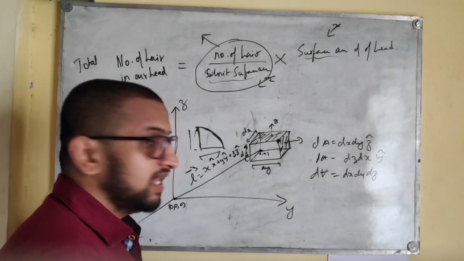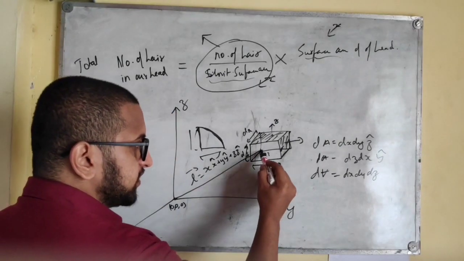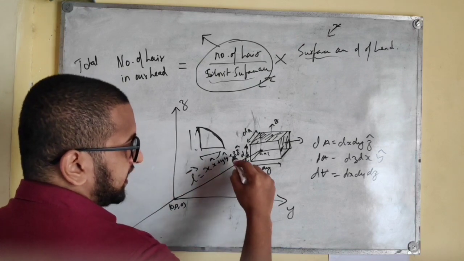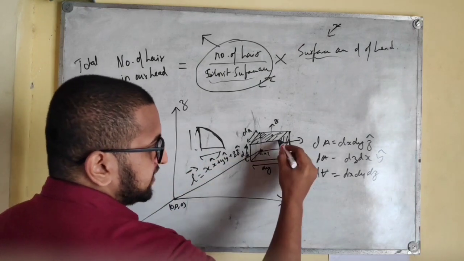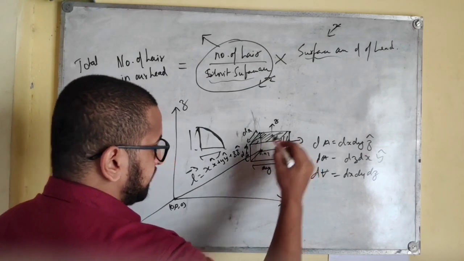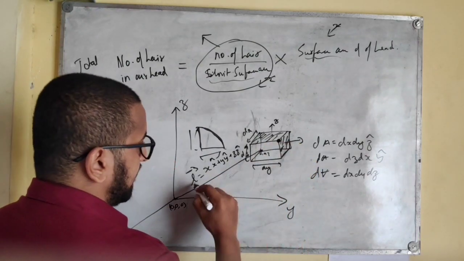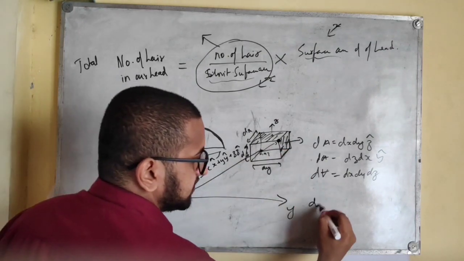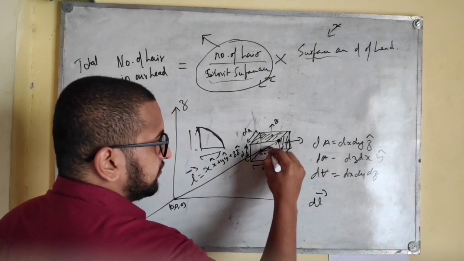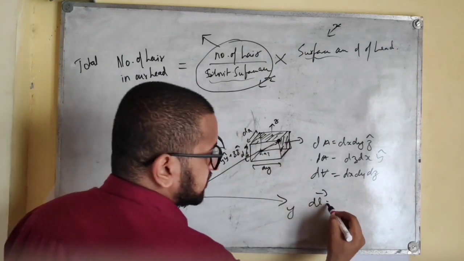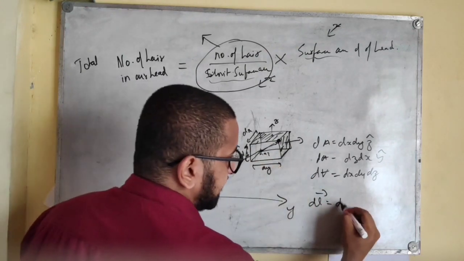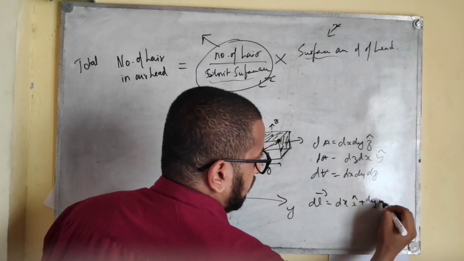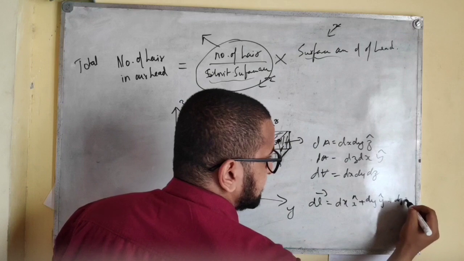I forgot to mention the line element. The position vector of this point is L vector, that is x cap, y cap, and z cap. And the position vector of this other point will be L vector plus dL vector, that is nothing but a vector from this point to this point. So this is the distance in the x direction, dx, so dx x cap, dy y cap, and dz z cap.